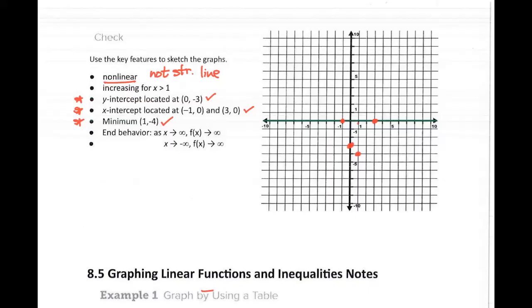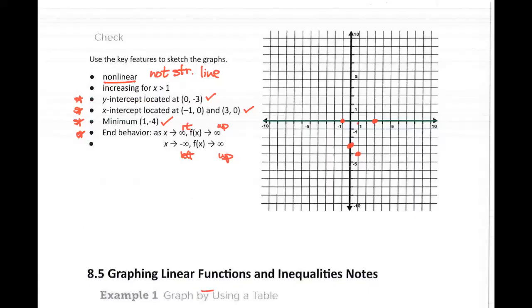That's a good one to look at too. You got your intercepts, your maximum mins, your end behaviors. As x goes to the right, f of x, my y values are going up to positive infinity. As x goes to the left towards negative infinity, my y values are going up.